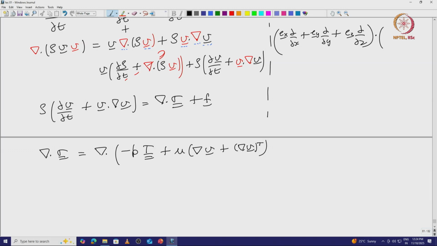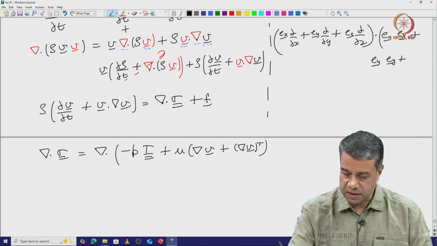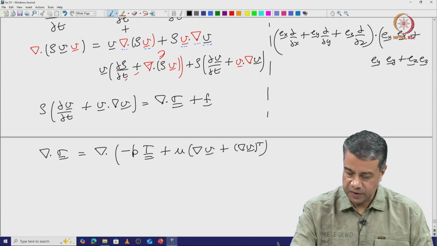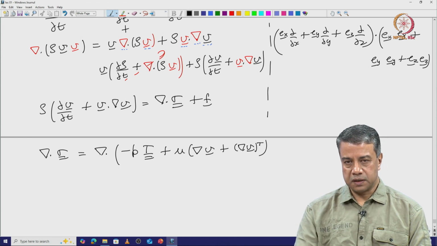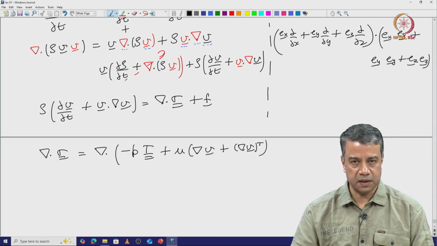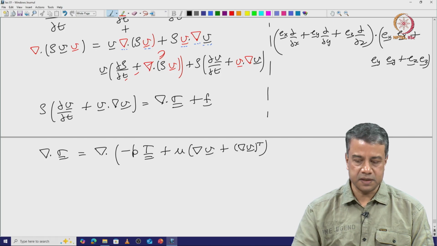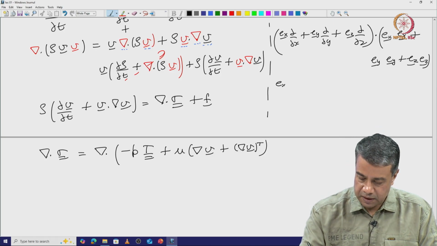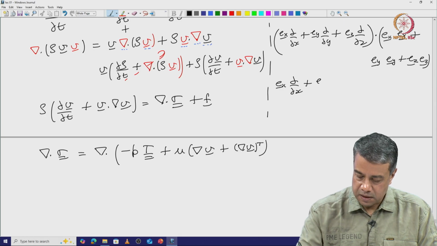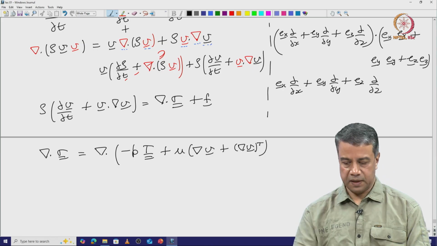The identity tensor has non-zero diagonal elements and zero off-diagonal elements. So, this can be written in dyadic form as Ex plus Ey plus Ez. Using the property that Ex, Ey and Ez are perpendicular to each other, you can easily do the dot product of a first order vector with a second order tensor: Ex dot Ex is 1, Ex dot Ey is 0, and so on, and you get Ex d by dx plus Ey d by dy plus Ez d by dz. That is the gradient.